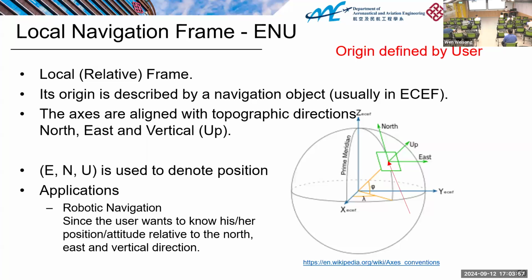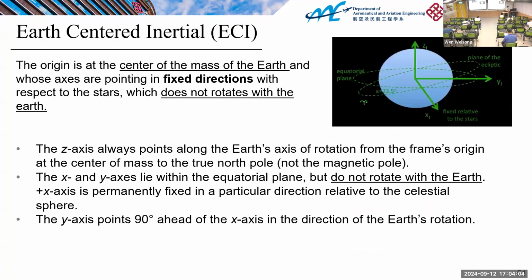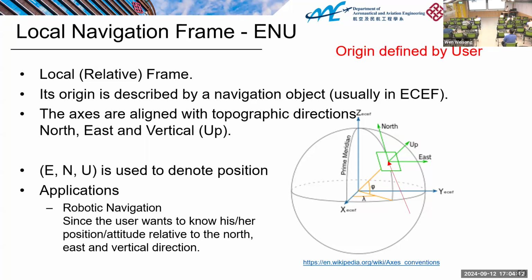So for example, this is the ECEF. We also mentioned the ECI. The ECI coordinates are never used. Actually, it's defined, it's there, but we usually don't use it. But the ENU is quite easy to understand.